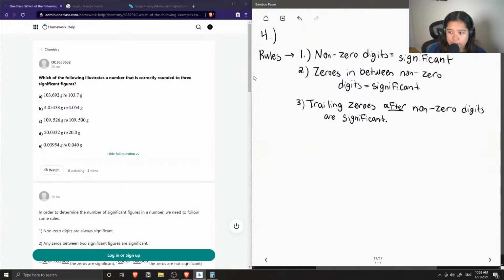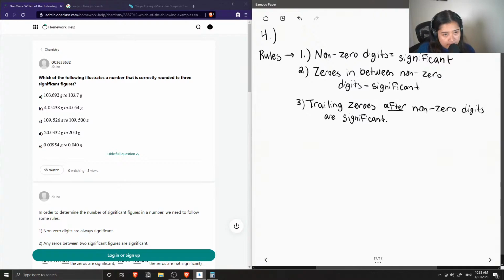So if we have some zeros that come before non-zero digits and there's no other non-zero digits part of that trail, then those zeros are not significant. But if the trailing zeros come after the non-zero digits, then they are.